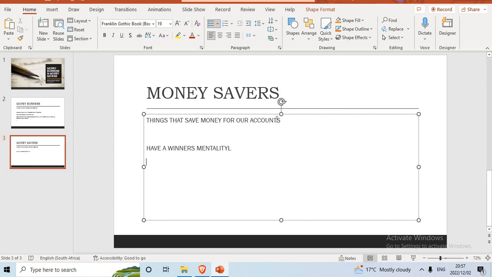And then another money saver is to always put your stop loss 10 pips off a high.